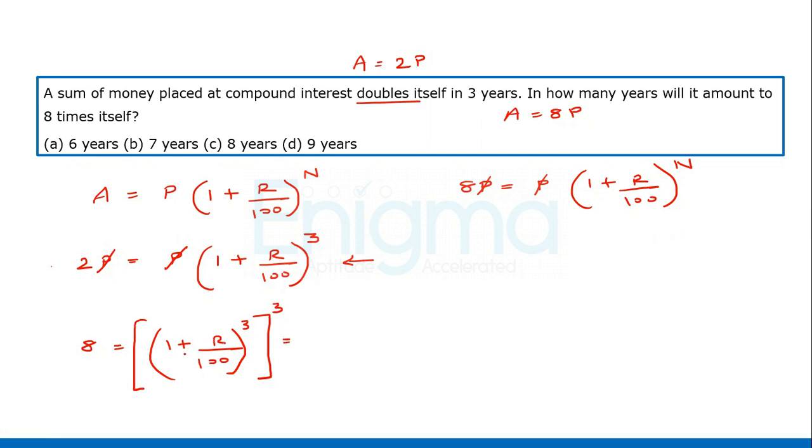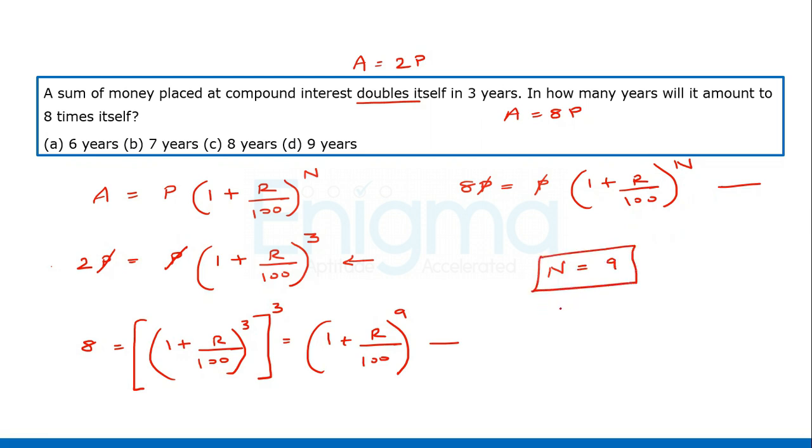Because there is a bracket raised to 3, this becomes 1 plus R by 100 raised to 9. Now, if we equate this equation with this equation, the right hand side, we will get that N is equal to 9. That means the principal will become 8 times itself in 9 years. That is option D.